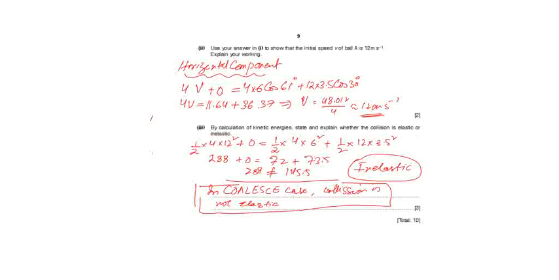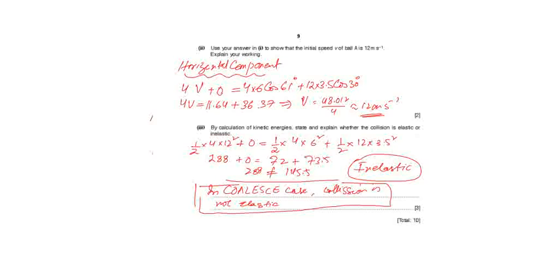So we will consider the horizontal component. The horizontal component has 4v and stationary 0. Like we said, the total momentum before and after collision is the same. So before collision, horizontal 4v plus 0 equals 4 times 6 cos 61 plus 12 times 3.5 cos 30, right?